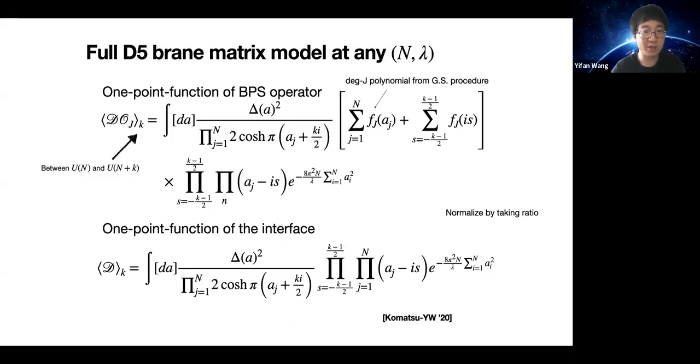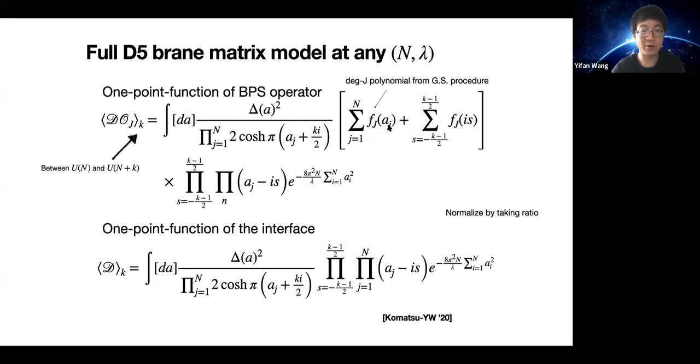So let me just present to you the results. The one-point function of a half BPS operator in the presence of an interface D that interpolates between U(N) and U(N+K) super Yang-Mills theory, where K parameterizes this difference between the ranks, has this simple matrix model expression, which is a matrix integral over N by N Hermitian matrices.